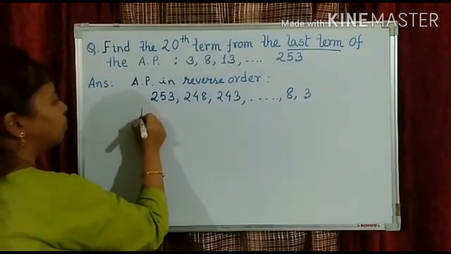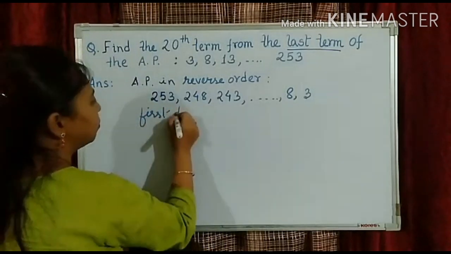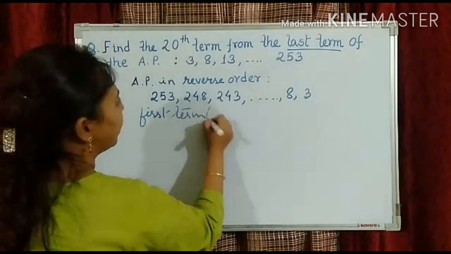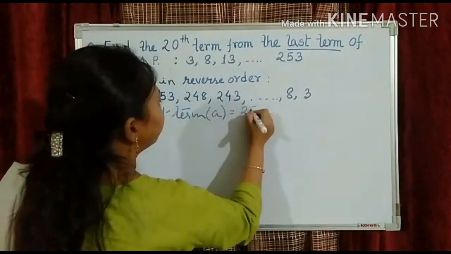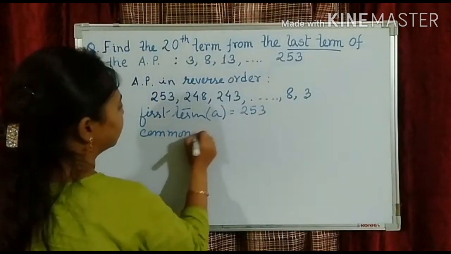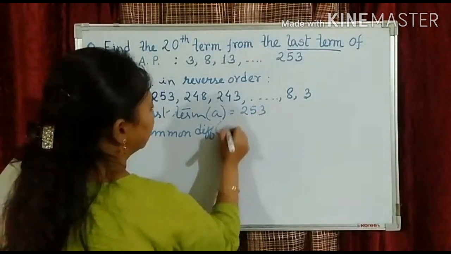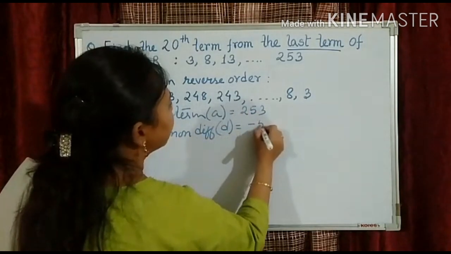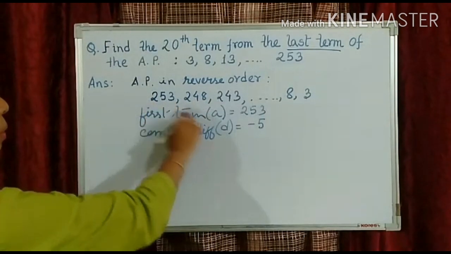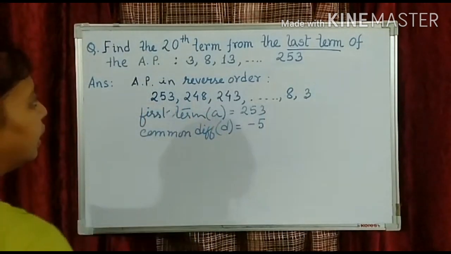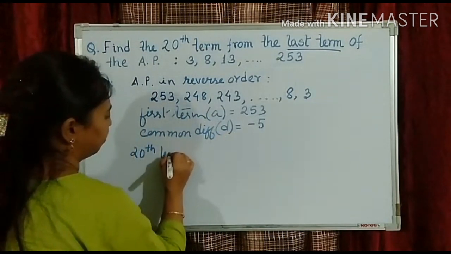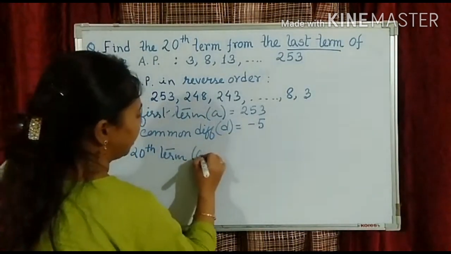Here we take first term A equal to 253, common difference D equal to how much? Minus 5. Now on this side it decreases by 5. 248 minus 253 will be minus 5. Then we will find the 20th term, that means A20.